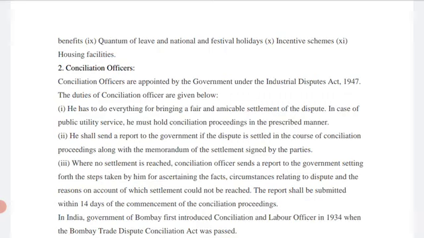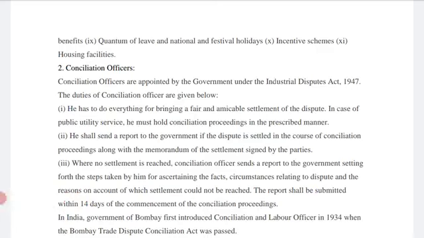The chronology which he is offered with, that prescribed manner is supposed to be given to him. He shall send a report to the government if the dispute is settled in the course of conciliation proceeding along with the memorandum of the settlement signed by the parties.